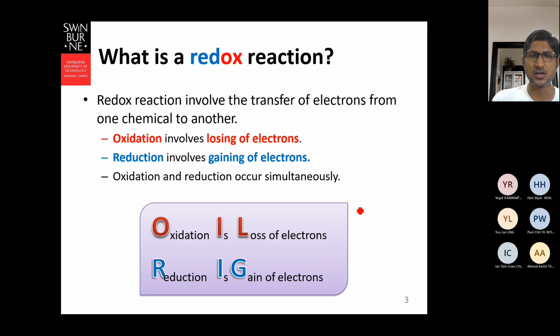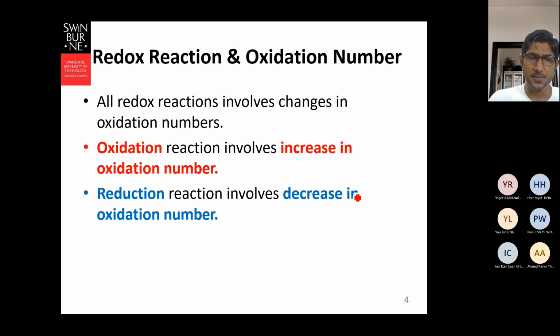From this definition, we understand that oxidation and reduction go hand in hand, because if the electrons are going away, they must be taken up by someone else. Otherwise the electrons cannot stay alone in the system. So when there is an oxidation, there must be a reduction going on in the system. Oxidation and reduction go simultaneously.